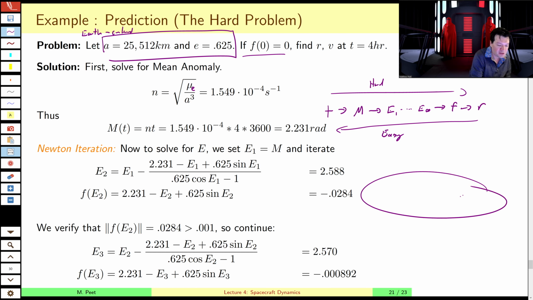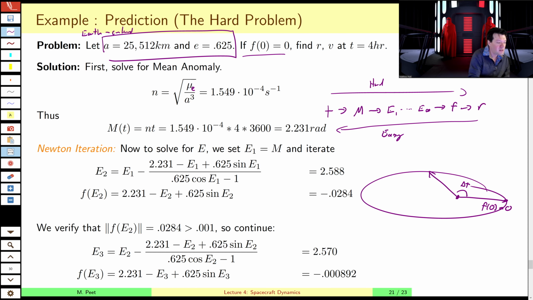So if we go back to our orbit, here's our focus. If we're trying to find the position as a function of t, we're assuming that t is measured from the periapse. If it's not, in a couple of slides I'll tell you what to do. But at this point, we're assuming that f of 0 is 0.